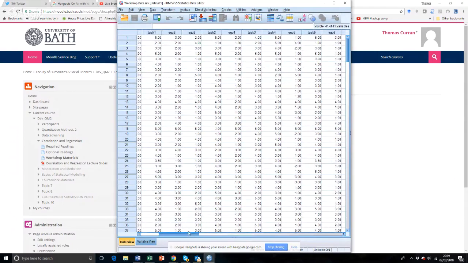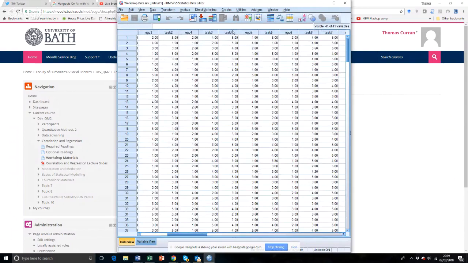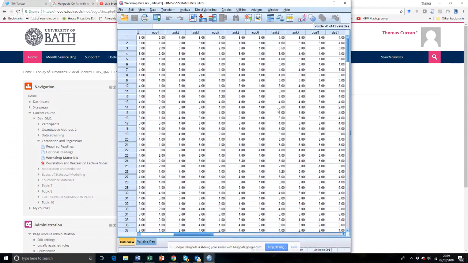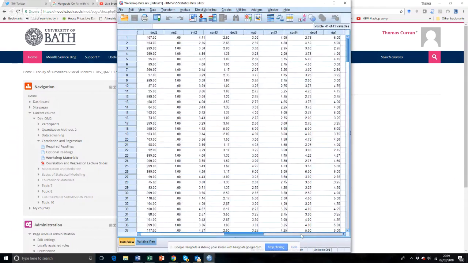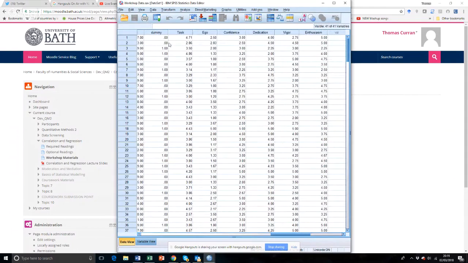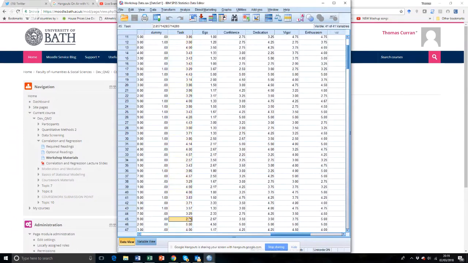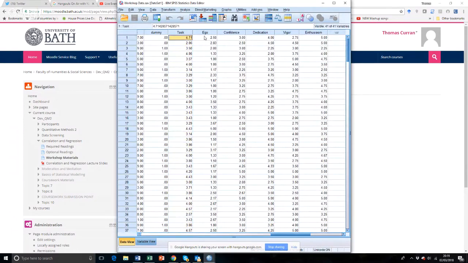You've got task item 1, task item 2, task item 3, task item 4, task item 5, task item 6, task item 7, and I've just added them together and divided by 7, taken the mean value for the items, and then created a new variable with the average score. I did the same for ego, and the same for confidence, dedication, vigour and enthusiasm. So what we have here is a data set which is essentially the finishing point from last week's session.